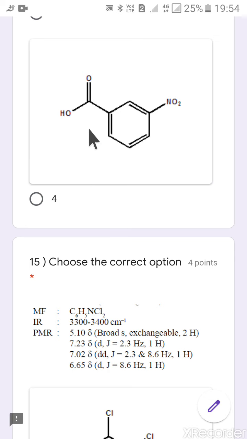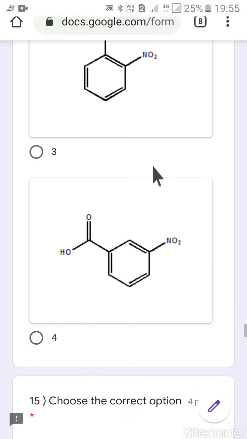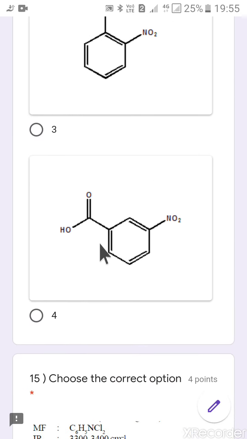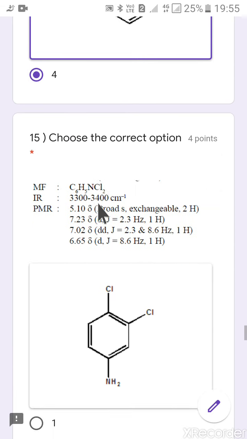So only in the fourth option do we have a proton with 2 ortho protons showing a coupling constant around 8 Hz. So from the first signal we can conclude that the correct option is option number 4. Let's go for the next problem.